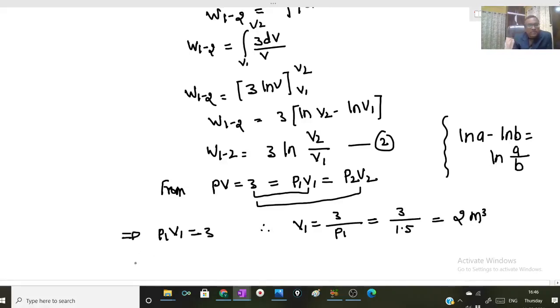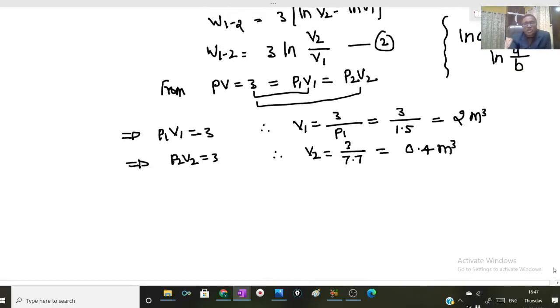Similarly, P2 V2 is equal to 3, so from here V2 will be 3 divided by 7.7, P2 is 7.7. So this comes approximately 0.4 meter cube.